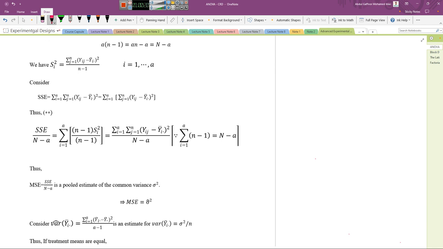Right, so here S_i squared, the variance of error, can be written as summation j equals 1 to n (y_ij minus y_i dot bar) whole squared, divided by n minus 1.